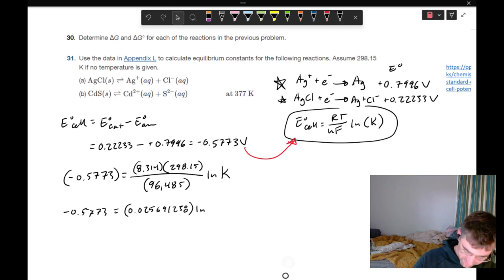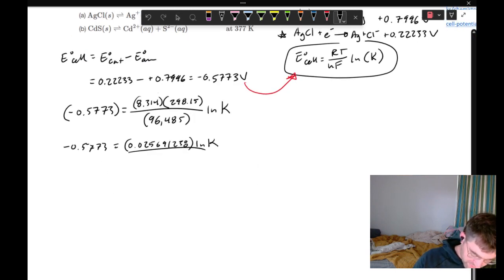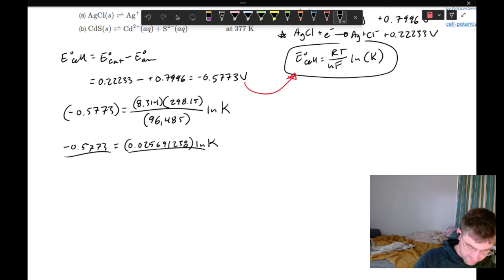We'll do our simplifying or our sig figs later, times ln(Q). We divide both sides by this big long number, and we should get negative 22.47069 equals lnK.